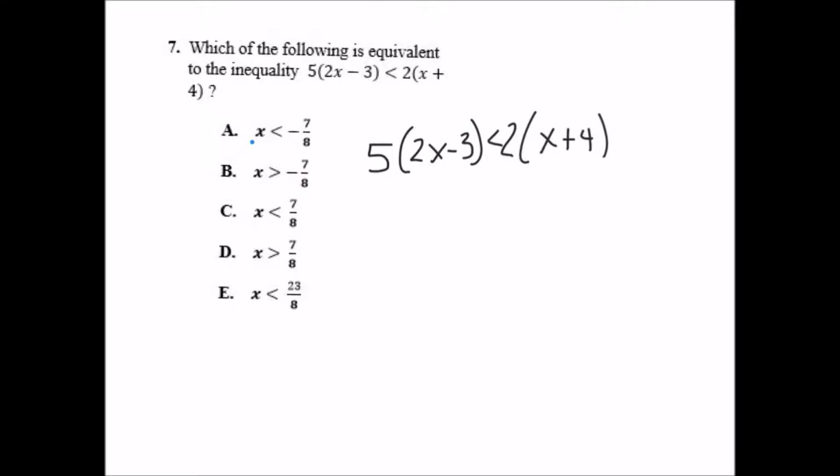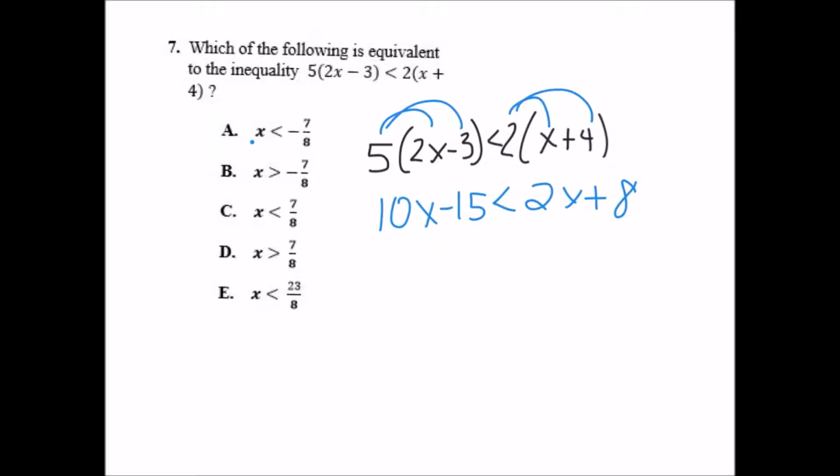Question 7 asks us which of the following is equivalent to this inequality. 5 times the quantity of 2x minus 3 is less than 2 times the quantity of x plus 4. We use the distributive property to get inside these parentheses, so we get 10x minus 15 is less than 2x plus 8. Now we're going to solve for x.